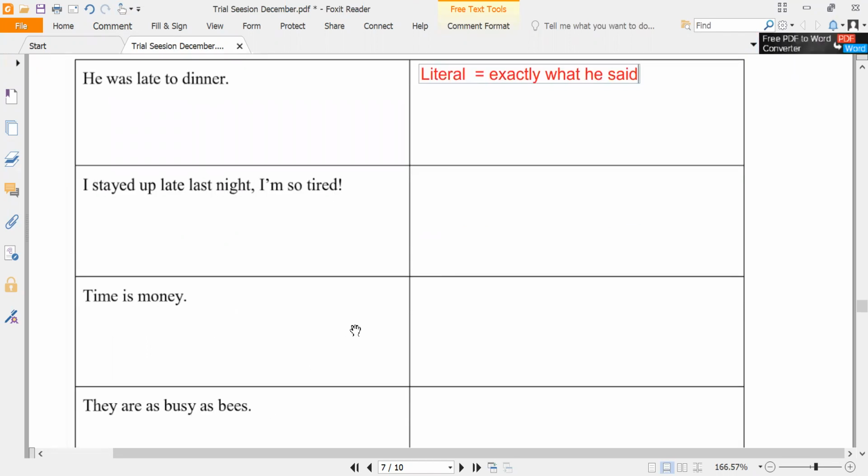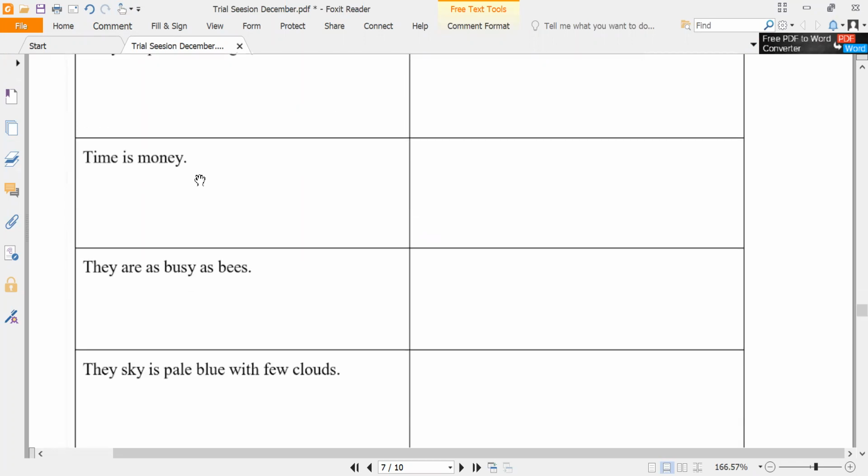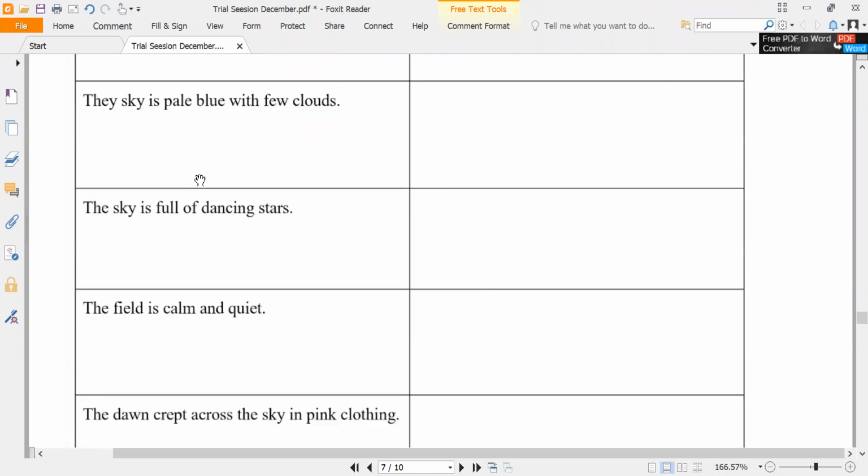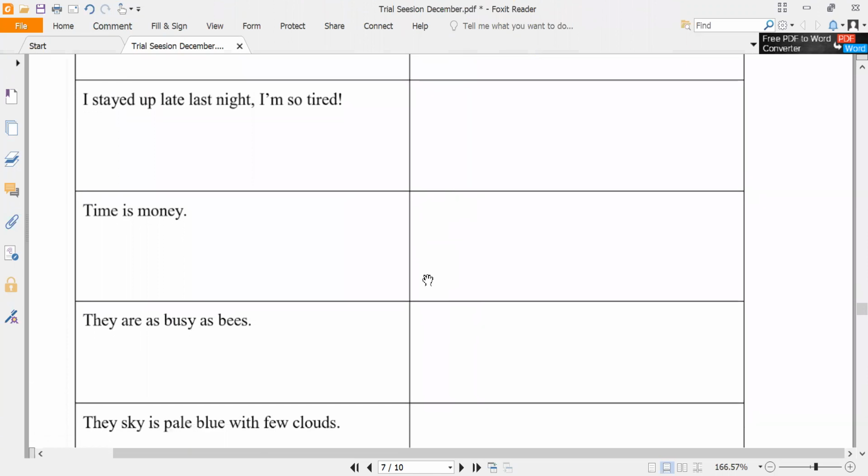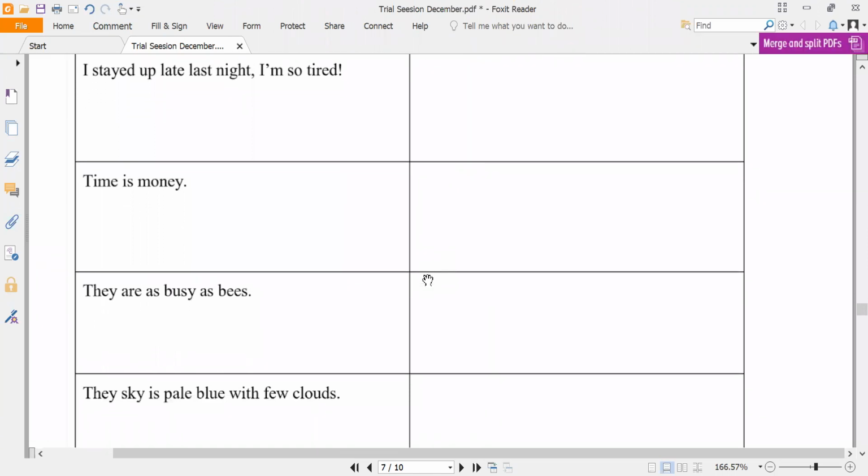Perfect. In the file that I sent to you, answer the rest of this table, 1, 2, 3, 4, 5. You don't need to explain, just write if it's literal or figurative. I should write it now? Yes, 5 minutes is enough. Okay, send it in the chat box, or you can even write the answer in your notebook and say it orally.